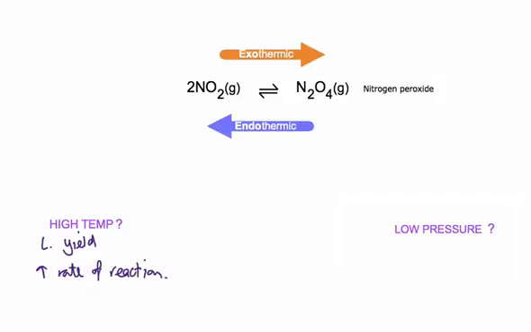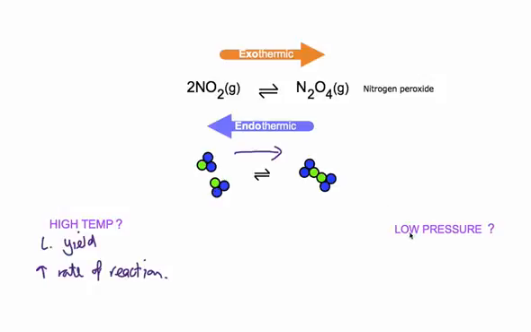Well, we need to look at the number of molecules reacting on both sides, and for this one, just to make it slightly easier, I've drawn it out. I've got 2 molecules on the left over here, because I've got 2 NO2, and I've got 1 molecule of our nitrogen peroxide over here. So if we had a high pressure, the forward reaction would be encouraged, because these particles are encouraged to be very close together and therefore more likely to react.